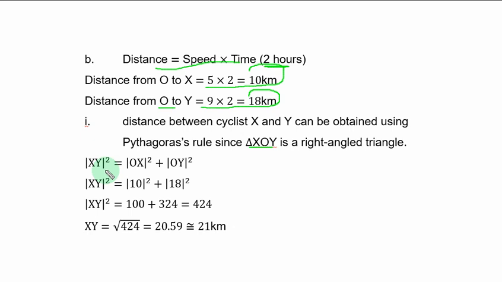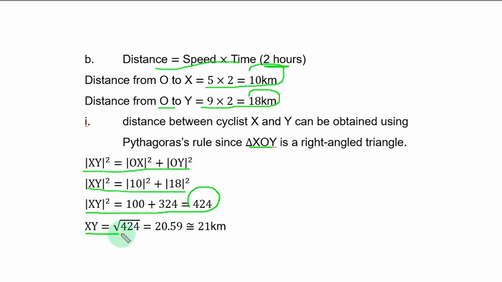So you have SY squared equal to OS squared plus OY squared. After replacing OS and OY with their values, SY squared is equal to 100 plus 324, and that is 424.